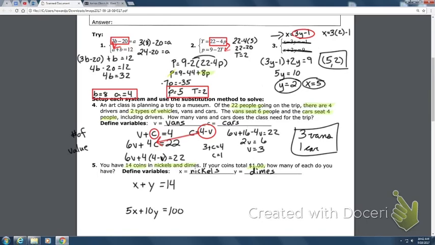So looking at that, Ryan, which variable would you solve for? Michael? In the first or second equation? What would I have to do to solve for x? Okay. So I'm going to change that equation like that. Next, I want you to take 14 minus y, plug it in for x there, figure out how many dimes and nickels this person has.